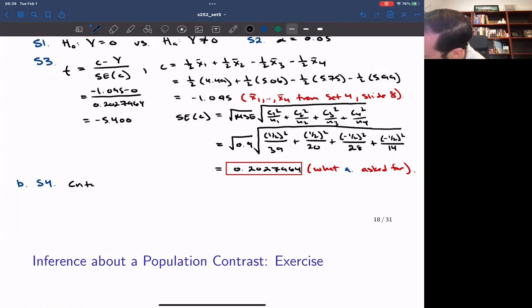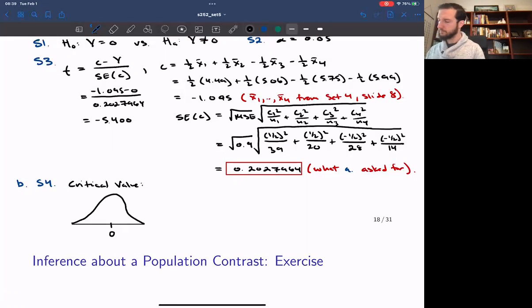If we take a critical value approach, we start by sketching out our curve. Here's my student t curve. We're running a two-sided test, so I'm going to have a critical value in both tails.